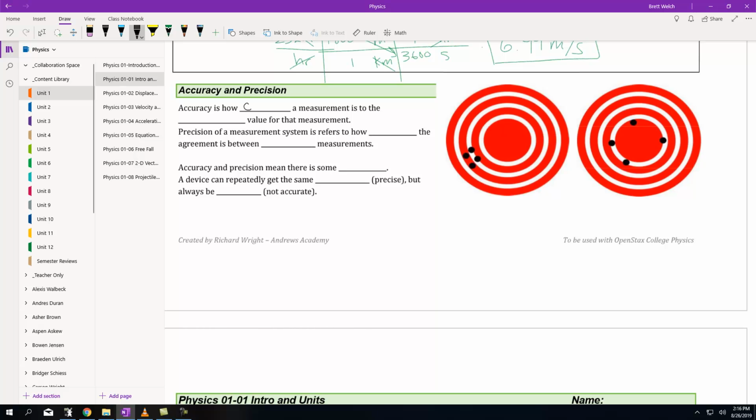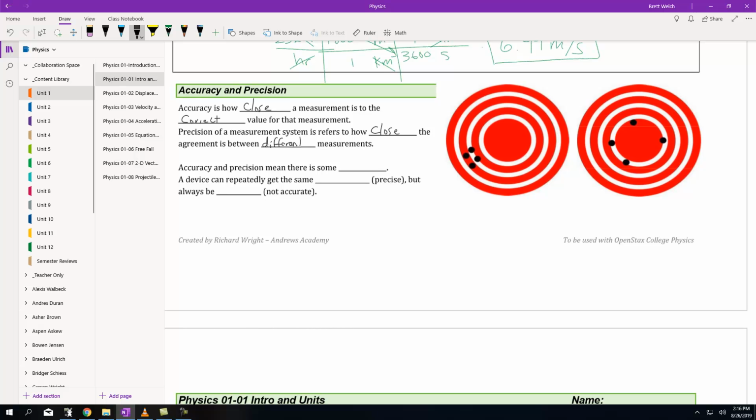So that is how close it is to the correct value. We want to be accurate because we want the right answer, and we want to be as close to the right answer as possible. However, precision refers to how close the agreement is between different measurements.